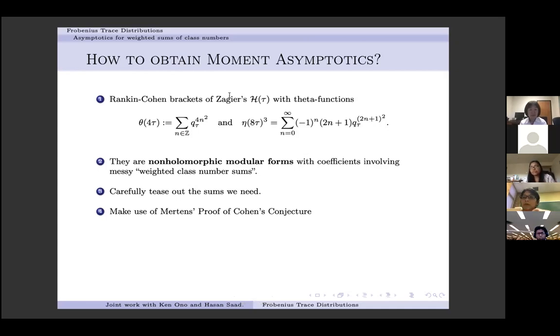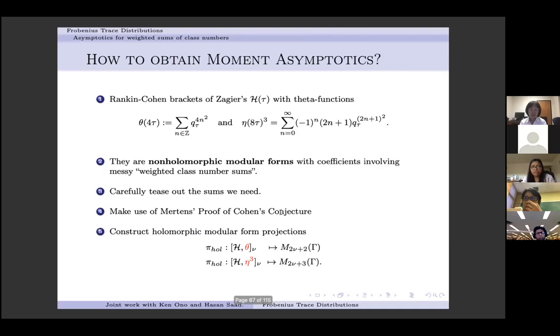Once we have the coefficients of these modular forms as the sums we need, for the even moments case we apply Cohen's conjecture. This conjecture was proved by Martin in his thesis. This conjecture is all about producing sequences of modular forms. Once we have this theorem, we can say that the coefficients are modular forms.